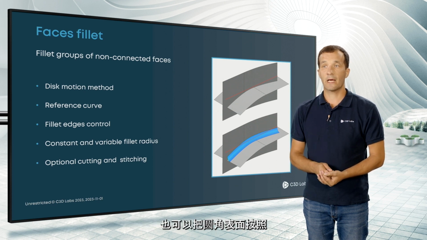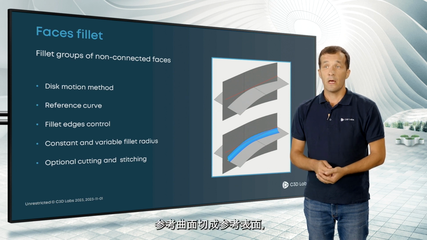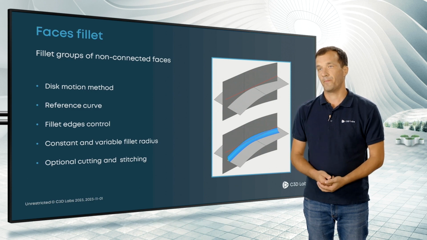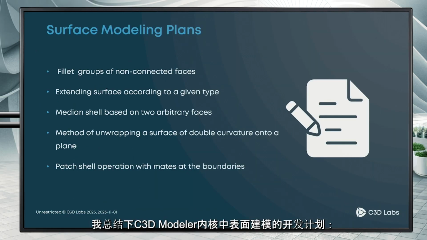Various operations are available for processing the edges of the fillet surface. Also, optionally, the fillet surface can cut the reference faces along the reference curves and can also be stitched to them. Briefly about the plans for the development of surface modeling in the C3D Modeler kernel. We are planning to finish the fillet of groups of non-connected faces.